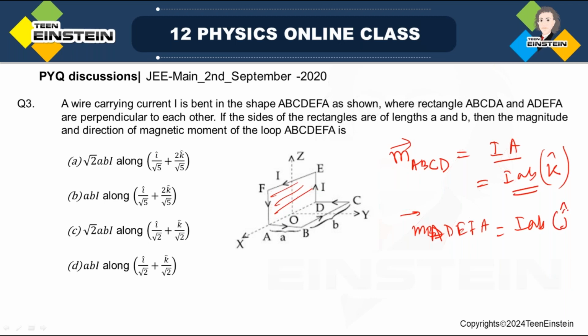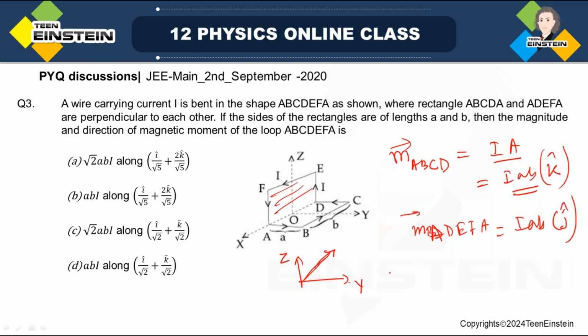Now I have two vectors, one along the y-axis and another along the z-axis. So what will be the magnitude and direction? Let us find that out.